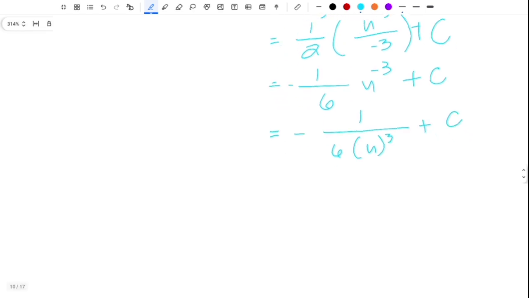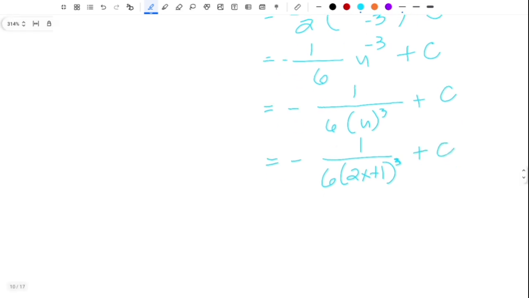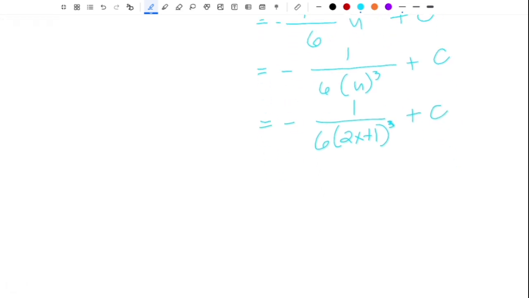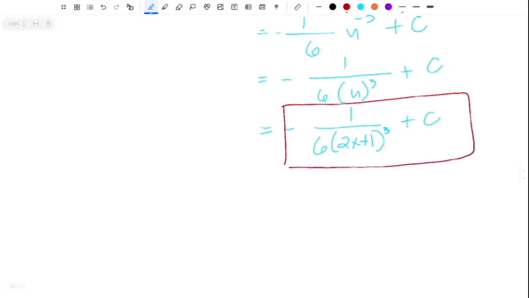Then let's substitute back our value of u, which is 2x plus 1. We have negative 1 over 6 times (2x plus 1) cubed, plus c. That will be the answer to our indefinite integral.